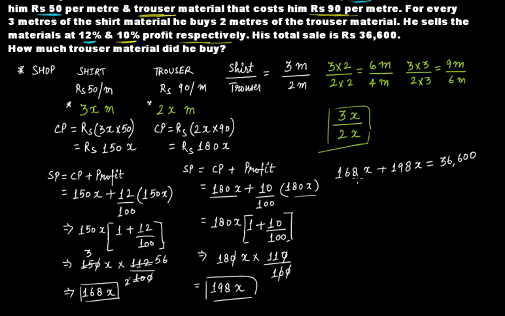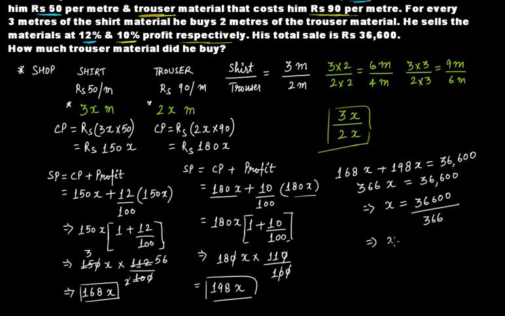If you solve it, you get 168 plus 198, 366x is equal to 36,600. From this, you get x is equal to 36,600 divided by 366.